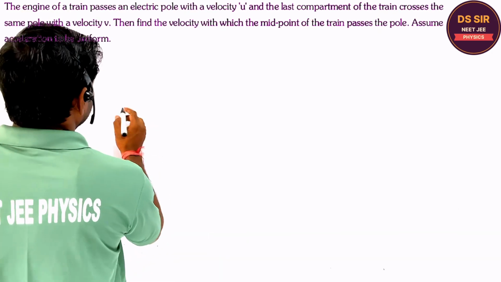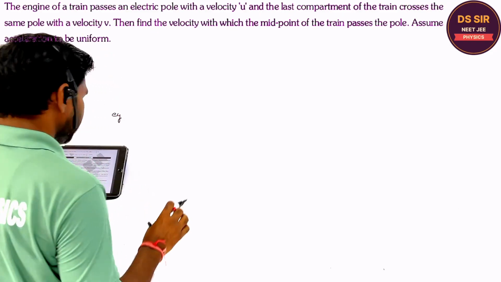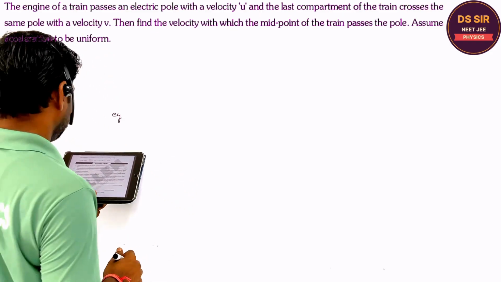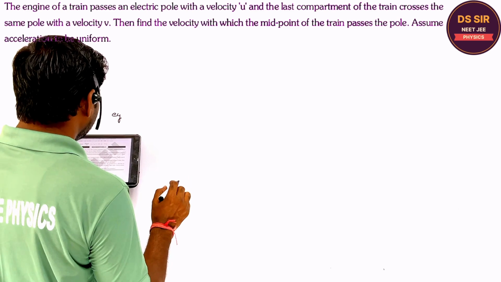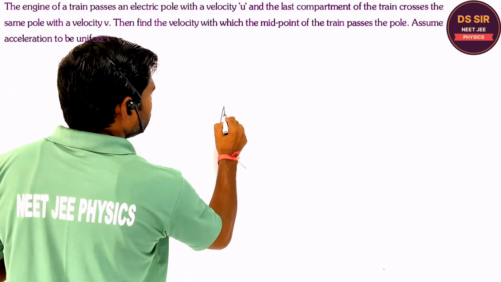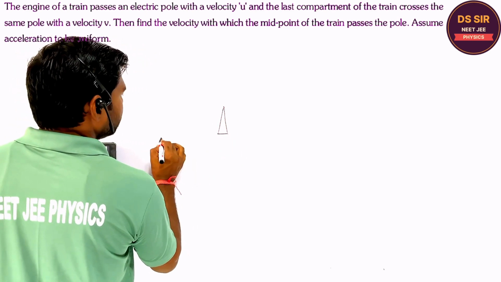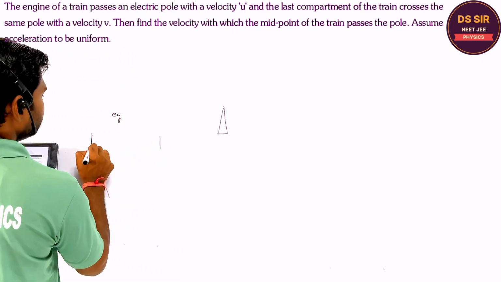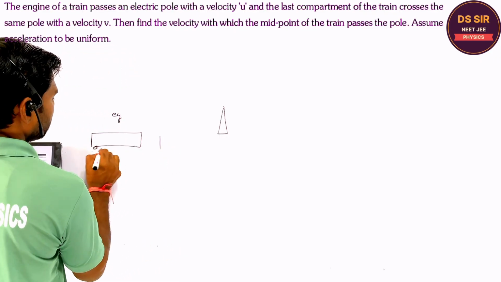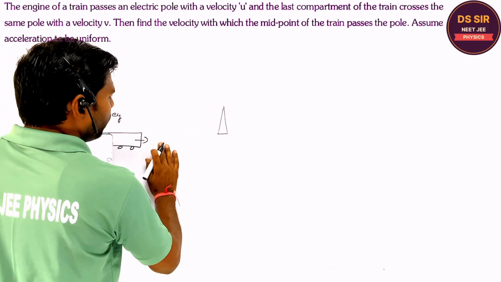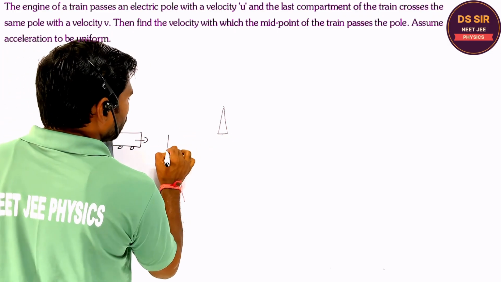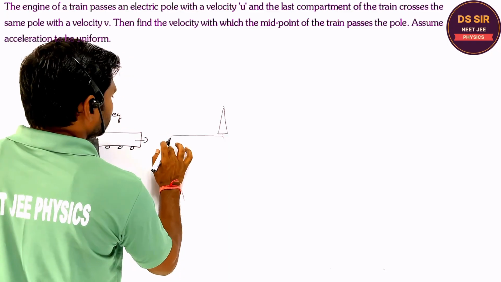So read this question. This is a very important and initially a little tough question. The engine of a train passes an electric pole with the velocity u. Suppose this is the electric pole and this is the train. It is coming like this. So when it reaches the pole, this is the situation.